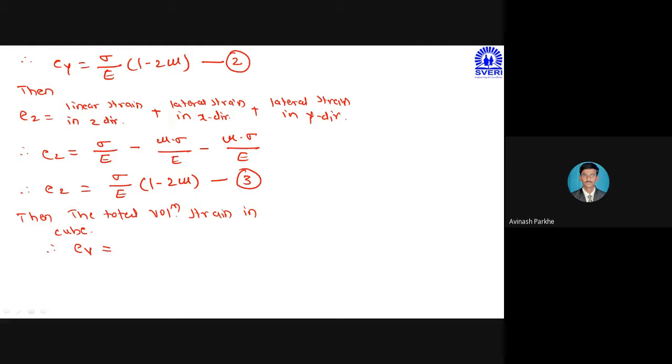Total volumetric strain is equal to, what will be the formula if I have to calculate the total volumetric strain? Yes, strain x, strain y, strain z.